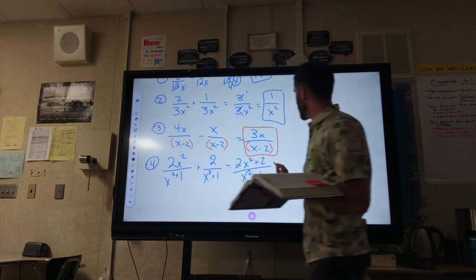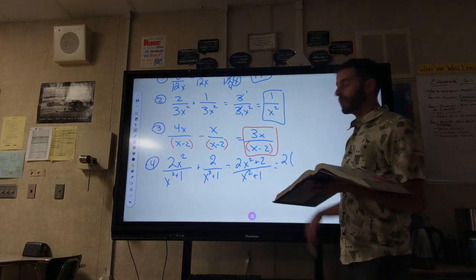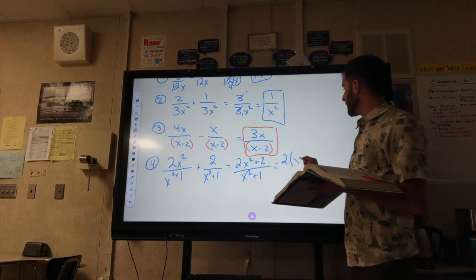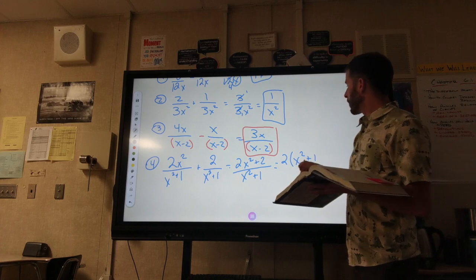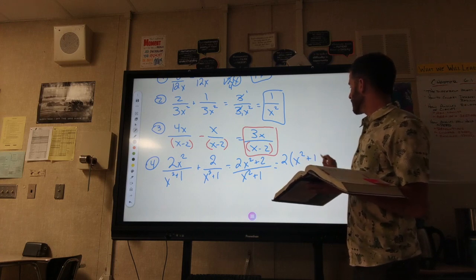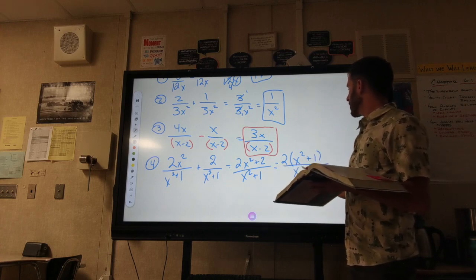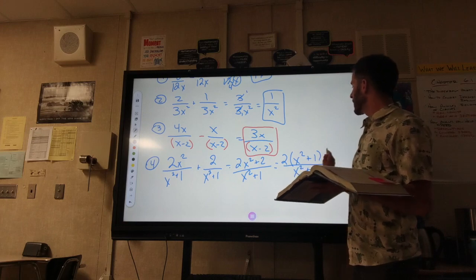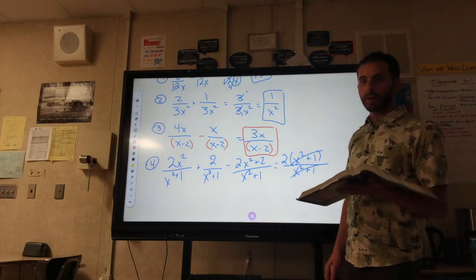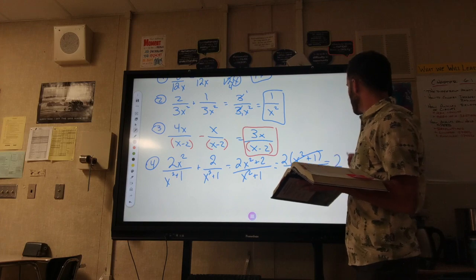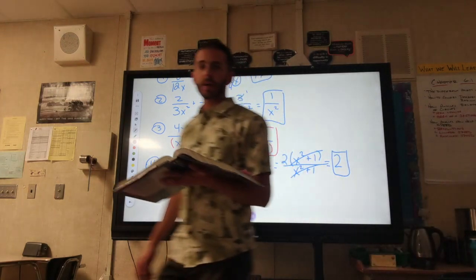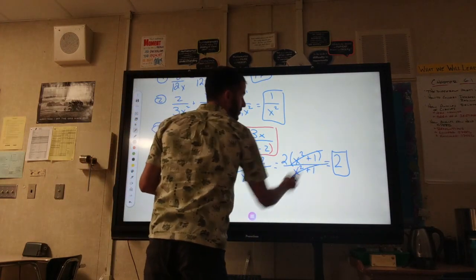So I'm going to factor out a GCF of 2 in the numerator. What's left over? X squared. What's left over? Plus 1. All over x squared plus 1. And now I can simplify top and bottom, x squared plus 1. So my final answer is 2.